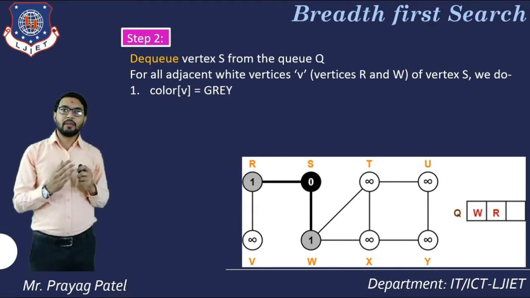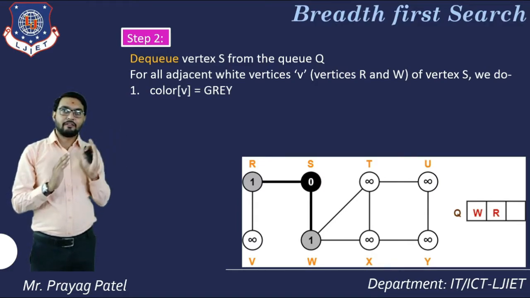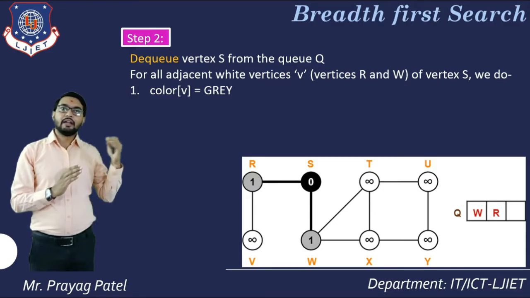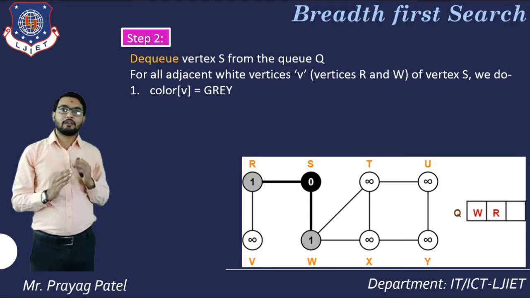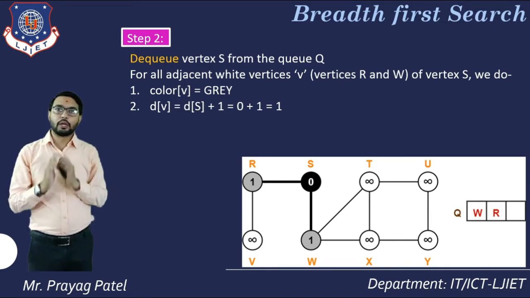Here V means a neighbor of S, adjacent to S. So here V is R and W. So the color of R equals gray, and the color of W equals gray.